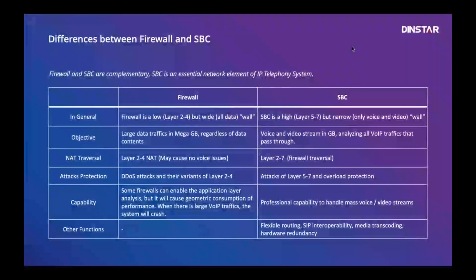A firewall works at layers 2 to 4, mainly for your data security. You can think of it as a low but wide wall, but it's not high enough for your VoIP traffic, because it is for data at layers 2 to 4. An SBC works at layers 5 to 7, designed especially for voice and video traffic.